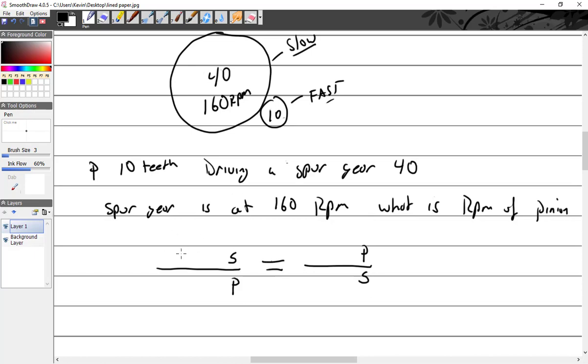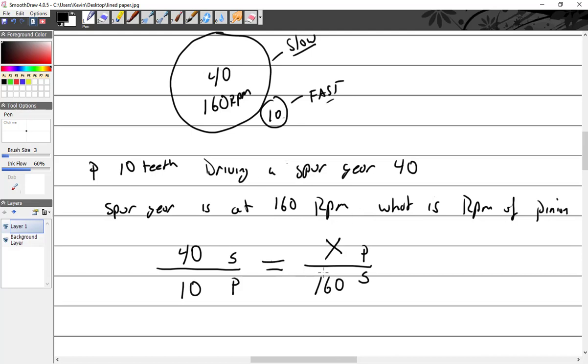So spur gear is how many teeth? 40. Okay, 40 teeth. So pinion gear has 10 teeth. And then over here I'm going to put RPM. So I've got pinion is my x, and my spur is going 160. So all you've got to do is remember to flip the other side.